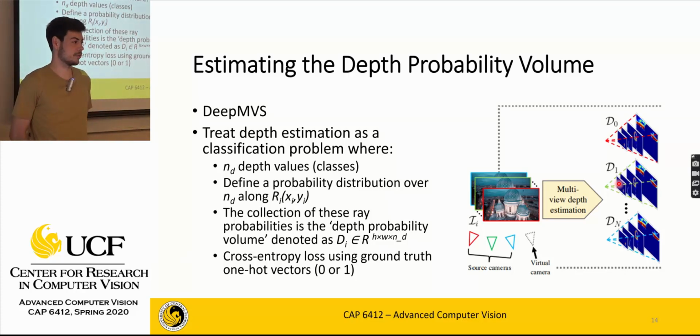And the collection of all these rays' probabilities is denoted as the depth probability volume, or d sub I. To train this network, they just use a cross-entropy loss using a ground truth one-hot vector. And what this means is, for a given pixel, if there are 100 depth values, let's say the depth is 20, then the value at 20 will be 1, and the rest of the values will be 0.